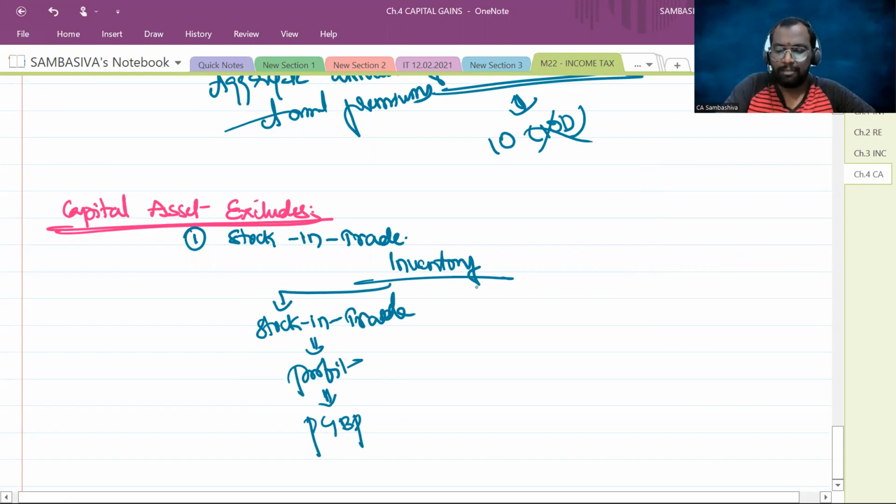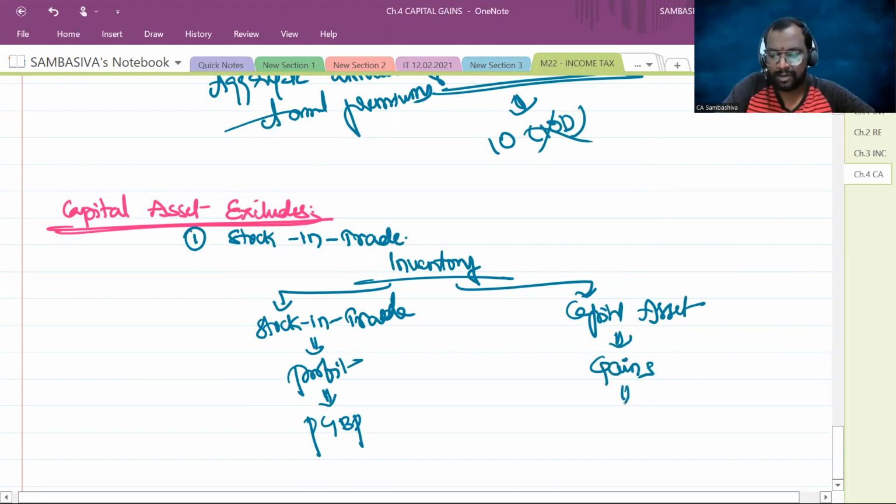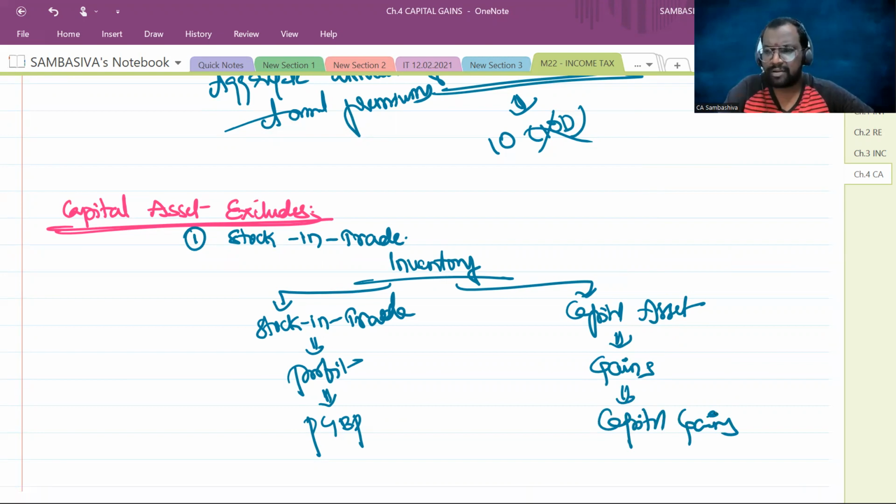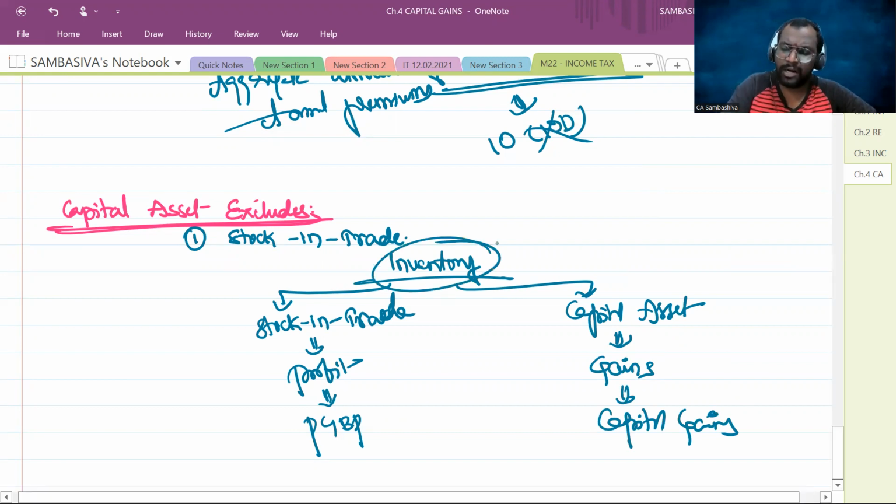But when such inventory is treated as a capital asset, any gains arising on transfer of such capital asset are taxable under the head capital gains. So first of all, you have to determine the nature, how you are treating that stock in trade, as an inventory, as stock in trade, or as a capital asset. How you are treating your inventory purely depends upon the nature of business you're doing.